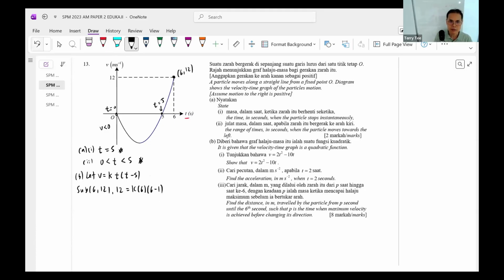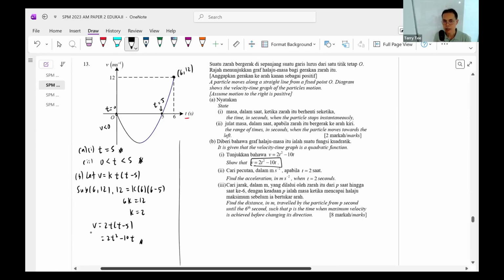Sorry, this one is 5. 6 minus 5. Your 6k is 12. K is 2. So my velocity function is 2t times t minus 5. You see, they say show that. So we are there already. Just multiply, 2t squared minus 10t. All right. So part B, Roman 1, we're done.